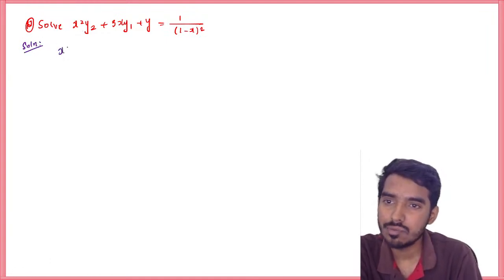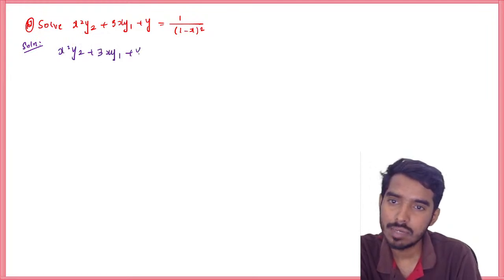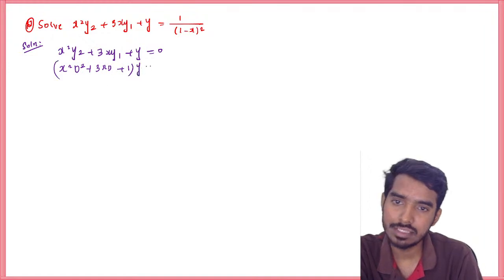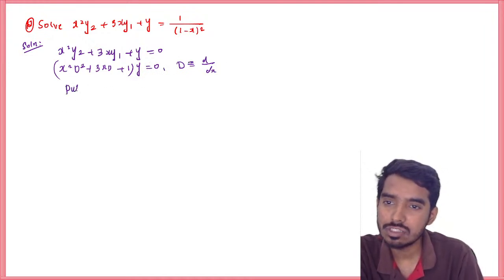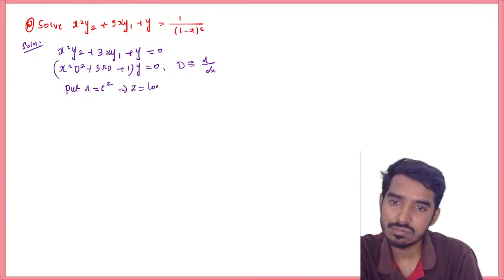First step is x square y2 plus 3x y1 plus y is equal to the same as x square D square plus 3x D1 of y, where D is d by dx. Now this is a Cauchy-Euler equation. x equal to e power z implies z will be log x.